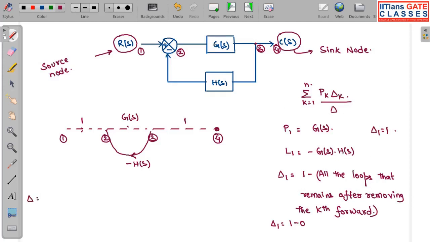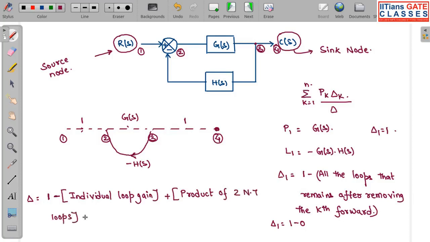Okay. So now what is this determinant? The determinant is equal to 1 minus all the individual loop gains, plus product of two non-touching loops, minus product of three non-touching loops.